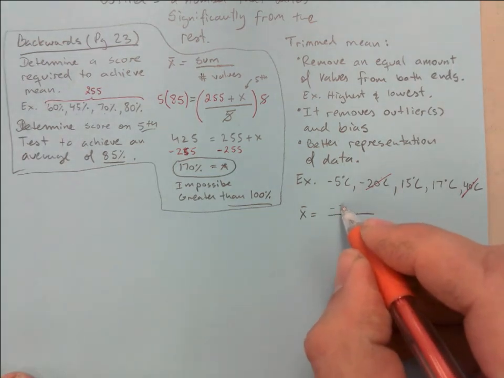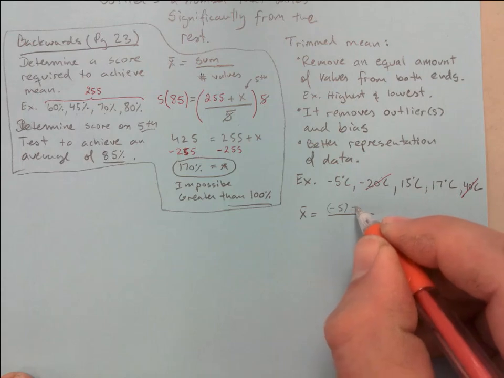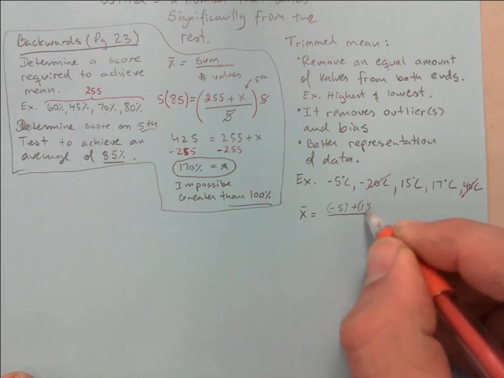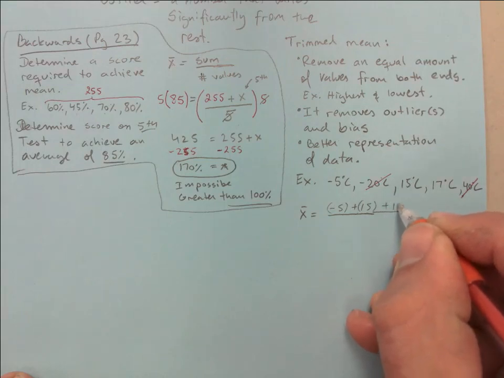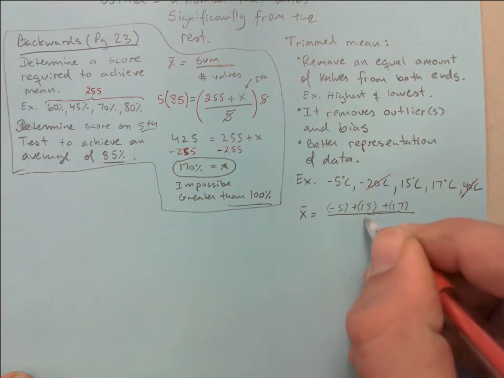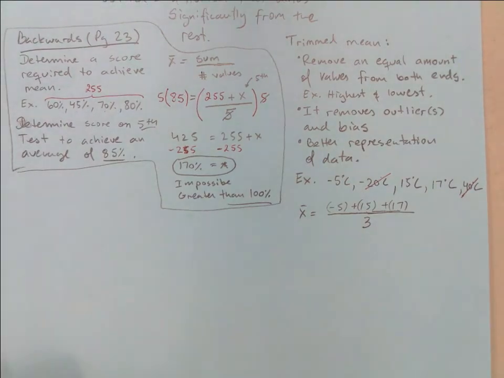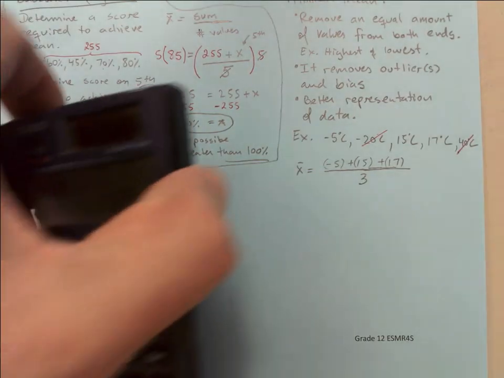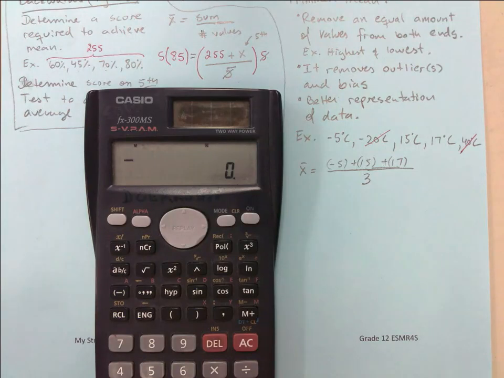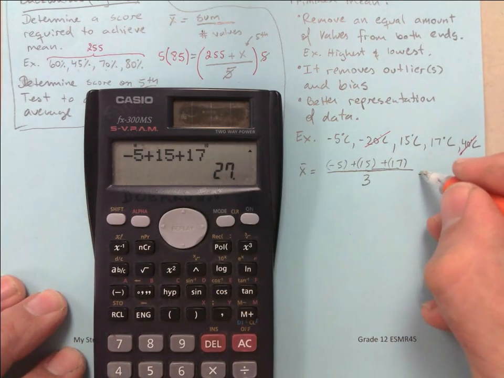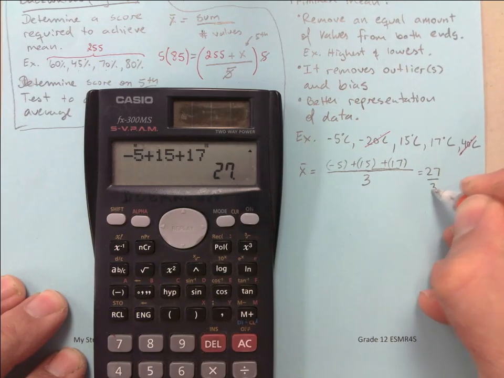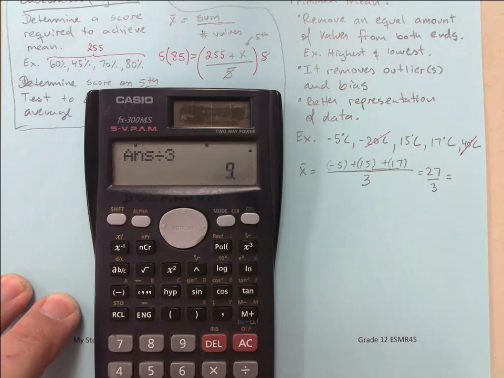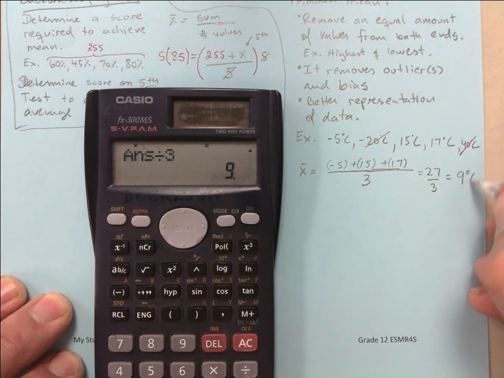So this would be -5, okay, plus 15, plus 17, divided by 3. If you have a calculator like mine, I can type in -5 like that, then go plus 15, plus 17. So that's 27 divided by 3. That's 9 degrees Celsius.